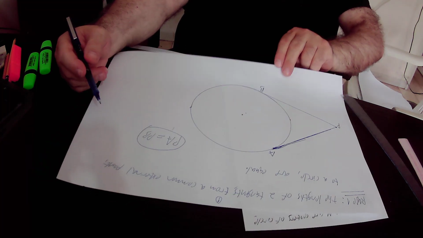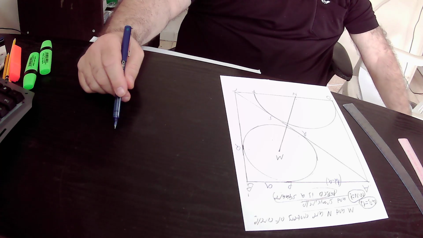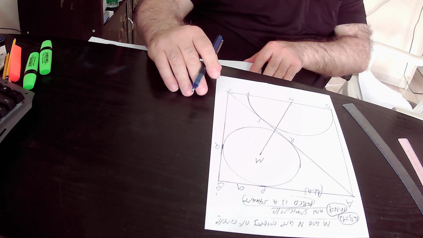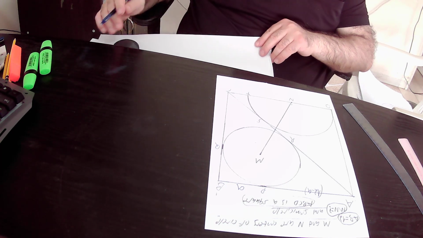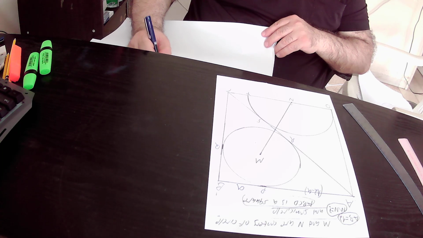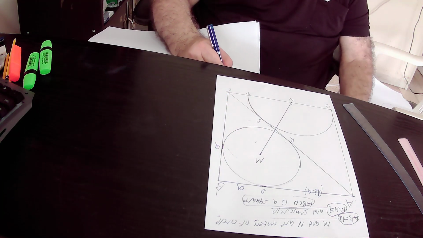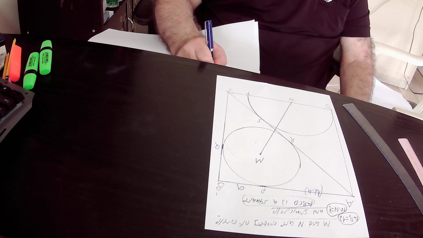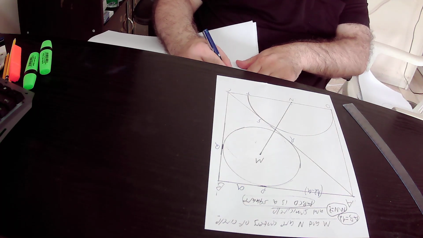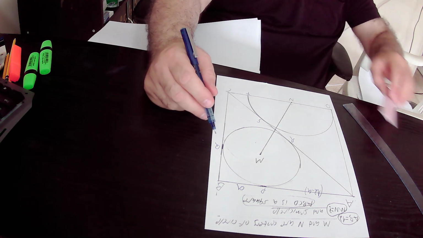Okay? So we actually can implement rule number 1 in our drawing, because in our drawing we have the external point B. From the external point B, we have two tangents to this circle.